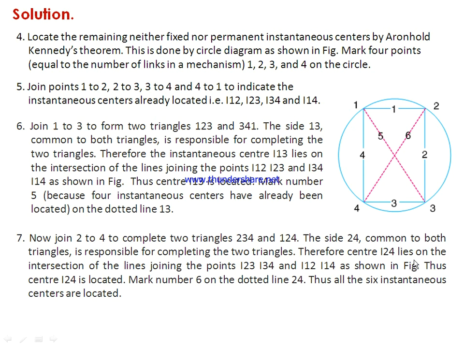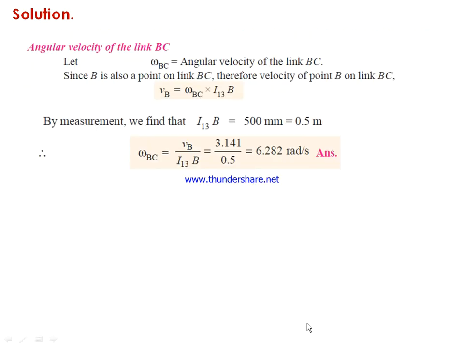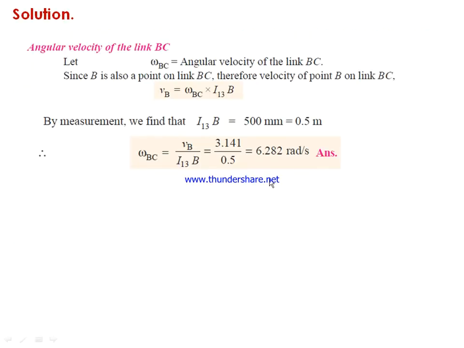Therefore, I24 lies on the intersection of the lines through I12, I23 and I34, I14. Thus all the 6 instantaneous centers have been located.